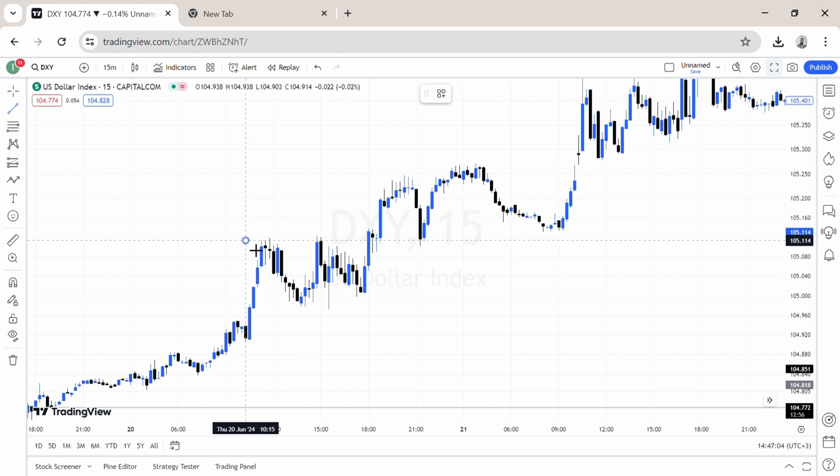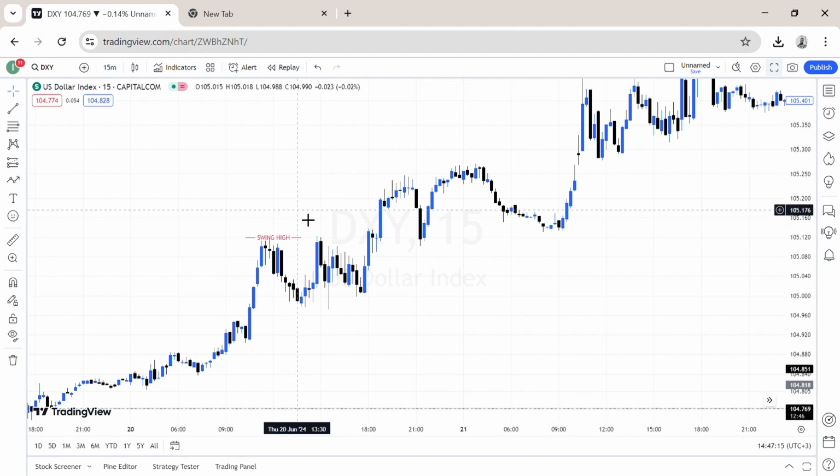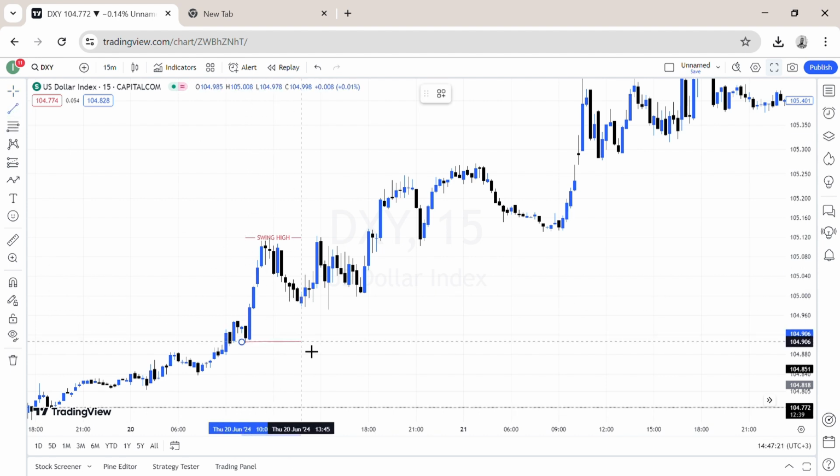Considering this swing high right there, that is my swing high, guys. And my previous swing low is this one. That is my swing low.